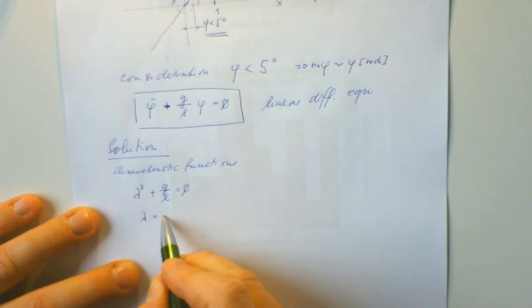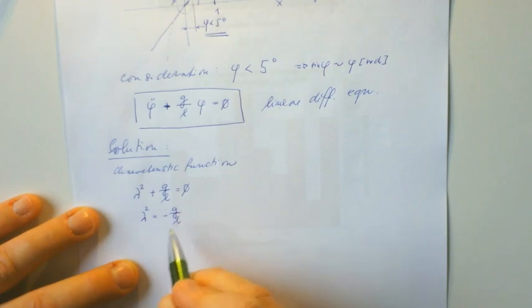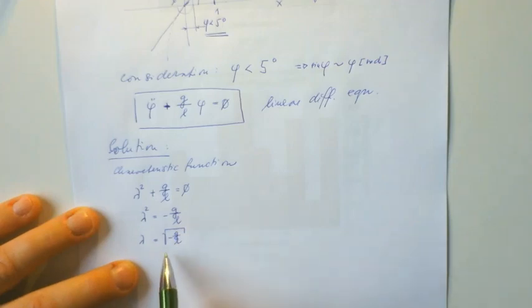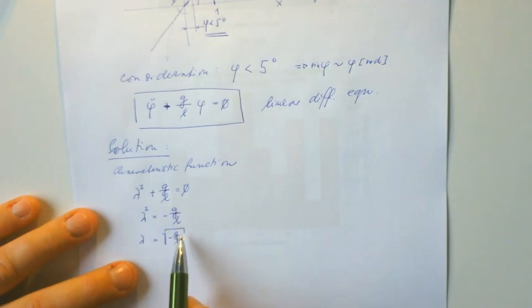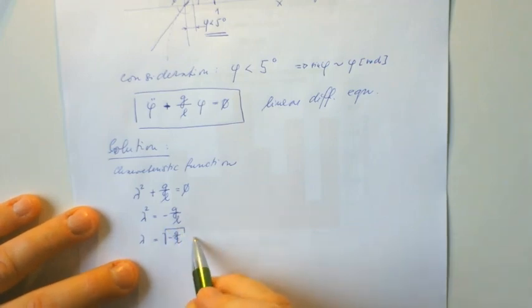Or let's say lambda squared equals minus g over L, then lambda is the square root of minus g over L. But we can't deal with negative values under square roots, so we must use complex values.